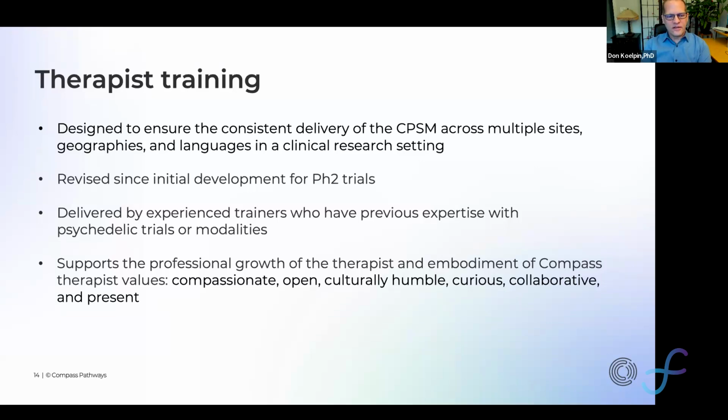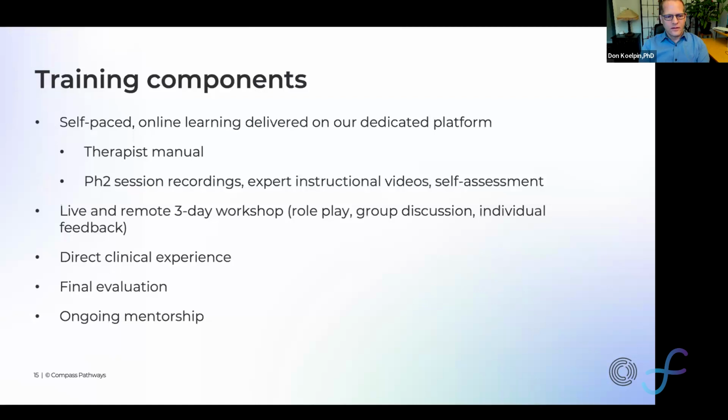And I think we have one more slide. Just as an overview, the training component itself includes a self-paced online learning platform, probably 10 to 14 hours. There's a structured therapist manual that we provide.